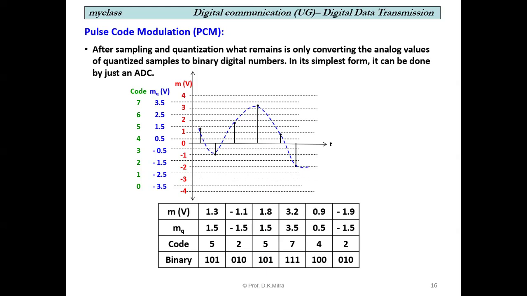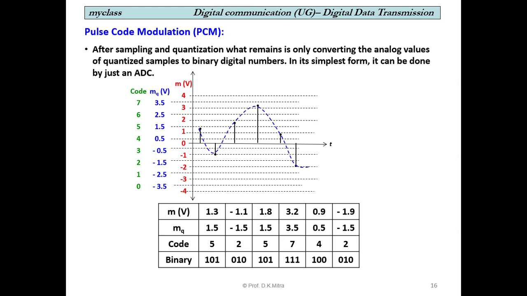So whenever the signal is within the range of that 1.25 volt, it is given one particular value. But mind it, in that 1.25 volt range, there are many possible values, but they are quantized to one single value.